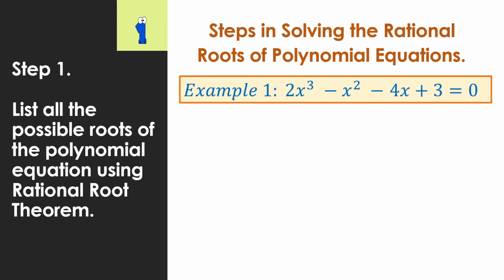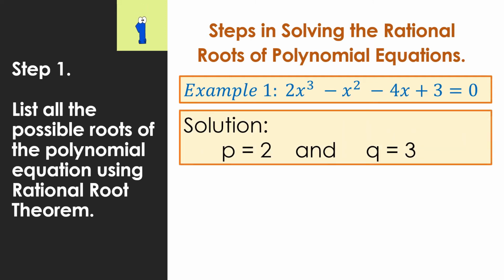Example number 1: 2x cubed minus x squared minus 4x plus 3 equals 0. This polynomial equation is not in factored form. That's why we will get the p and q, where p represents the numerical coefficient of the leading term, and q represents the constant term.